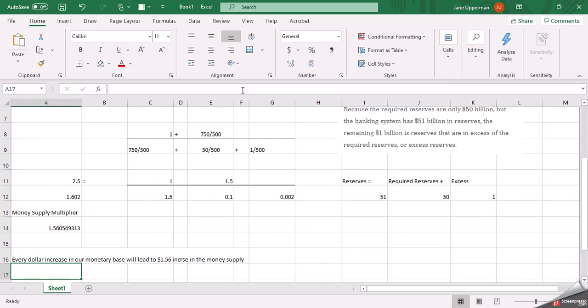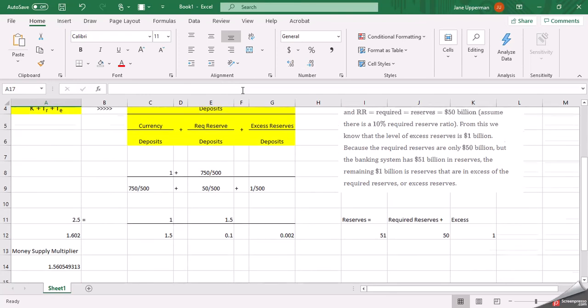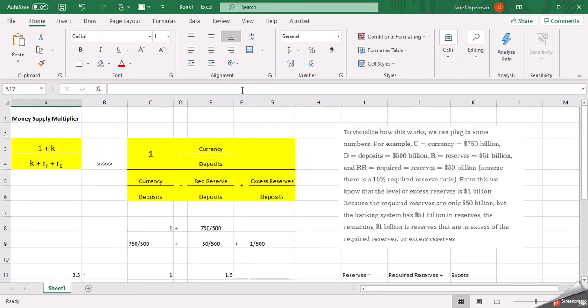So if somebody adds $1 into their savings account or something along those lines, that's going to create $1.56 in the money supply. The more money that comes in, the more money can go out in the form of loans. I feel like that needed a little bit of clarification.